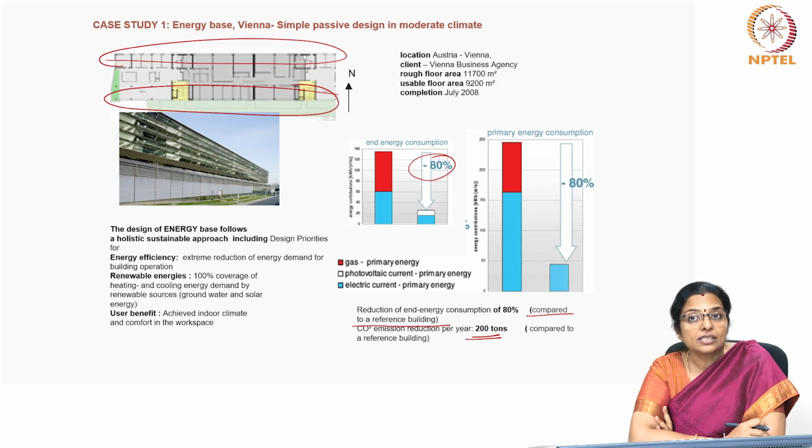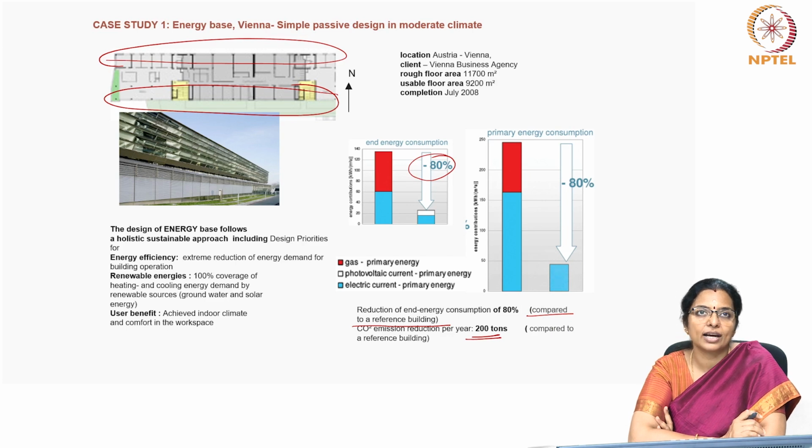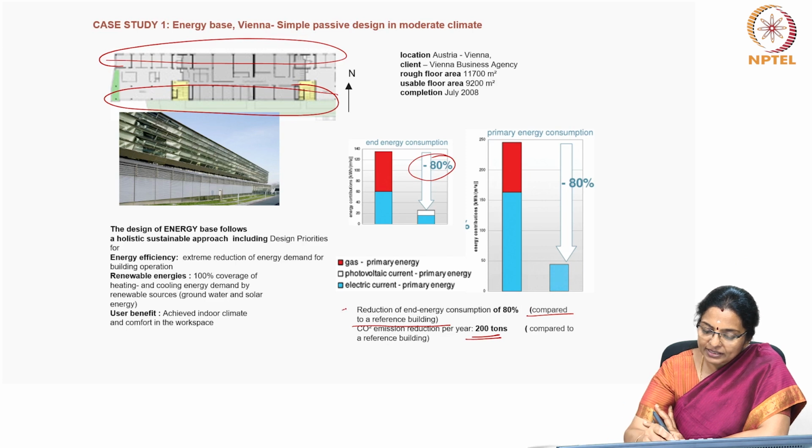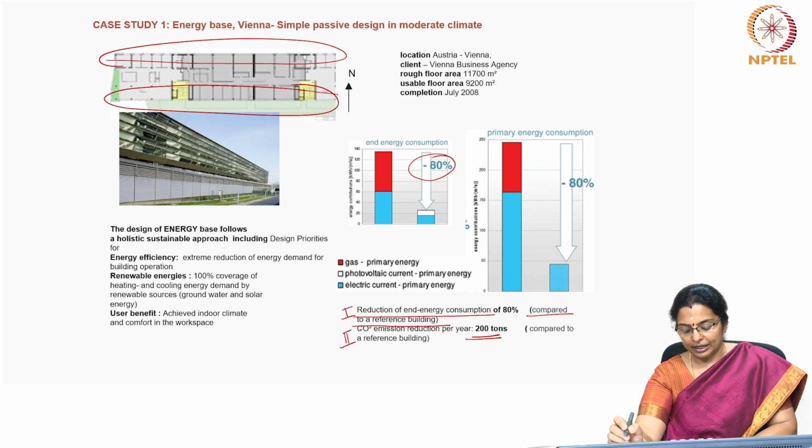This building uses renewable energy. 100% coverage of heating and cooling energy demand is by renewable source, which is groundwater and solar energy. The user benefits include indoor climate and comfort for the workplace. And of course, 80% reduction of end energy consumption and 200 tons reduction of carbon dioxide.